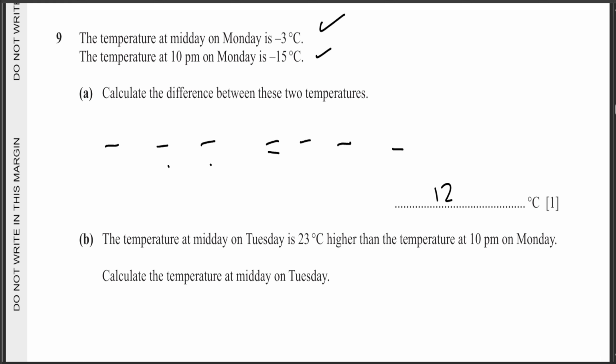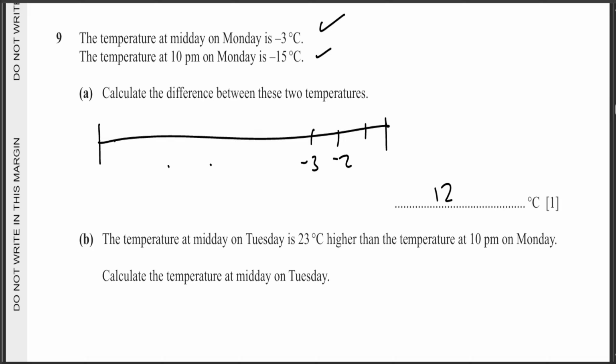But another way, you can draw a number line if you opt to. So let's say you draw a number line. It looks like this. Let's say -3, -2, -1, 0. We have -4, -5, -6, -7, -8, -9, -10, -11.